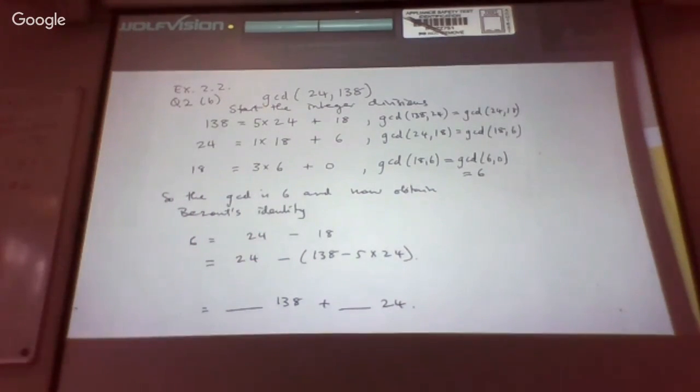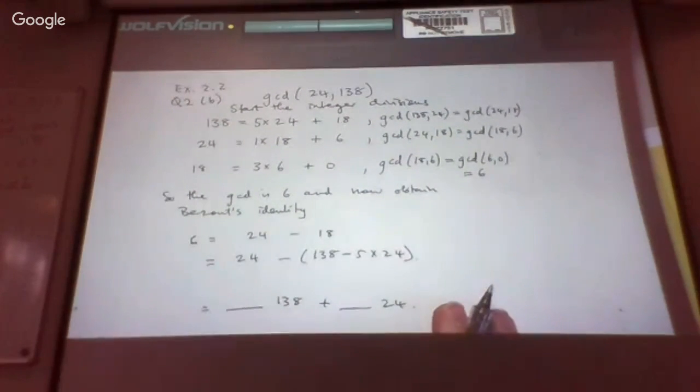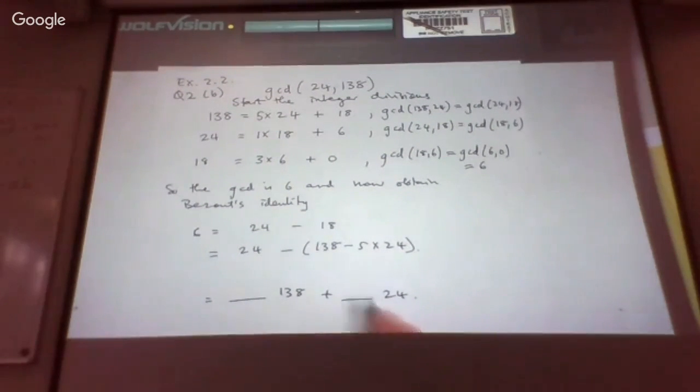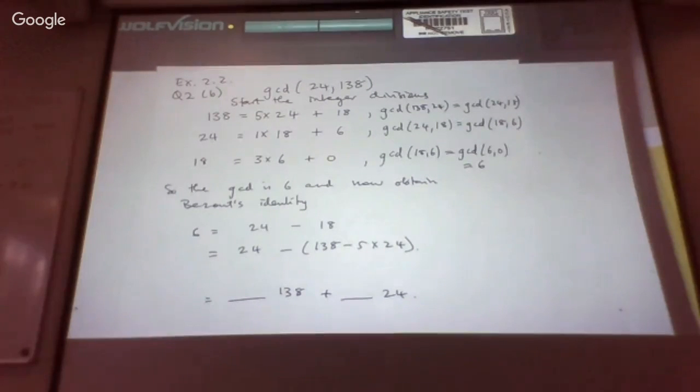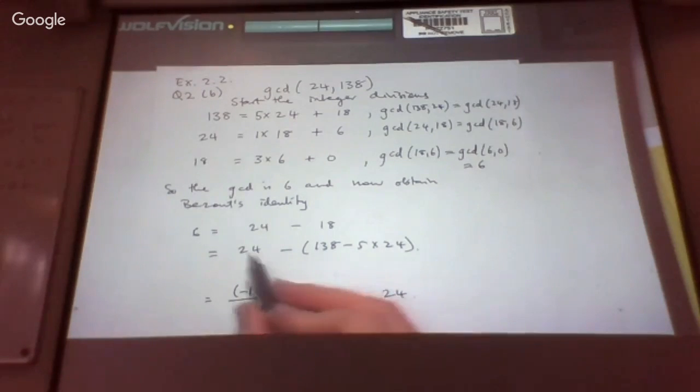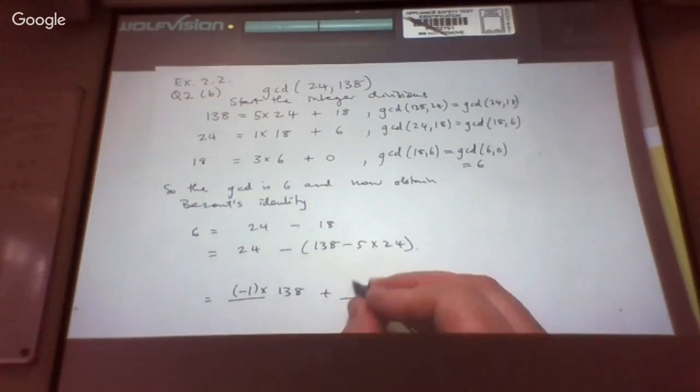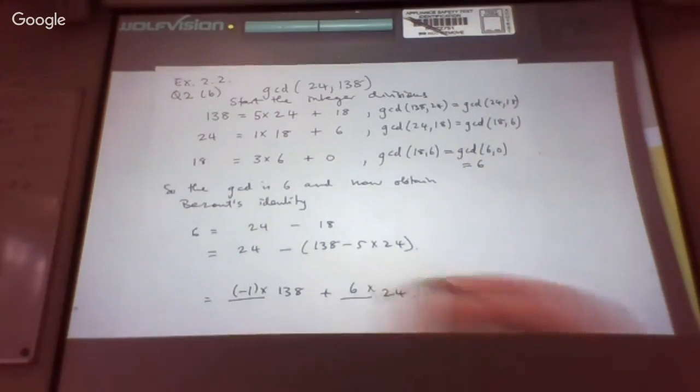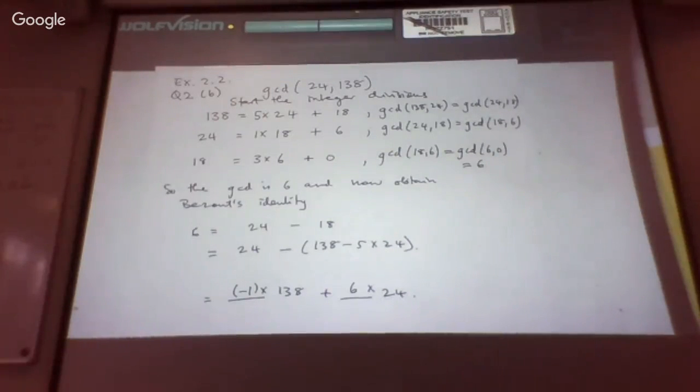I know all of this is 6, that's no surprise. What I'm interested in are these coefficients. So it's minus 1 times 138 plus 24 and 5 more 24s, so it's 6 times 24. So it's minus 1 and 6.